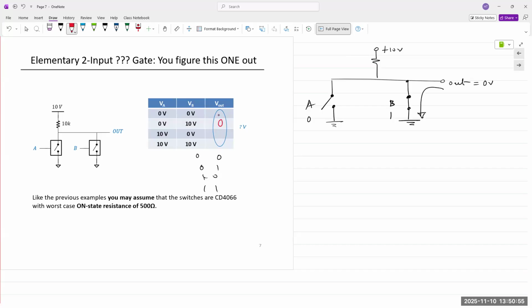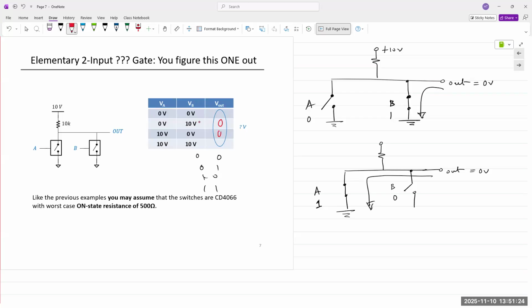And by extension, we can automatically deduce what would happen if A is 1 and B is 0. Output now has a pathway to ground via A. So output is again 0 volts.